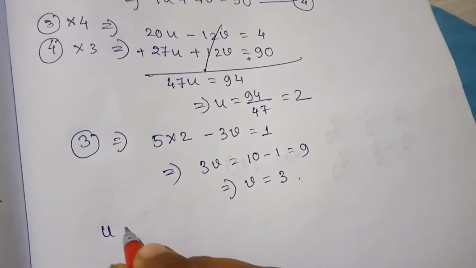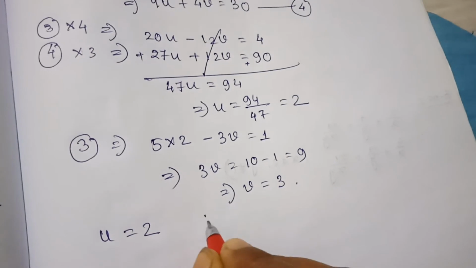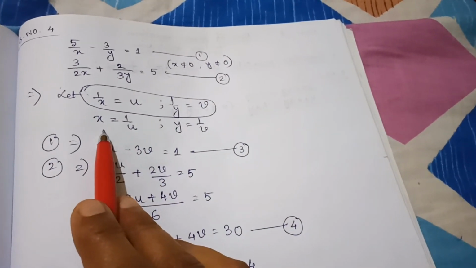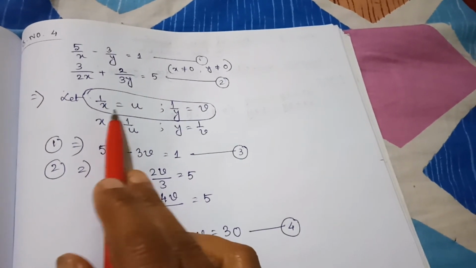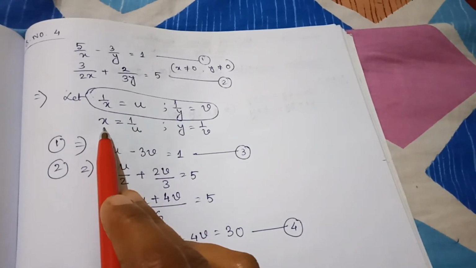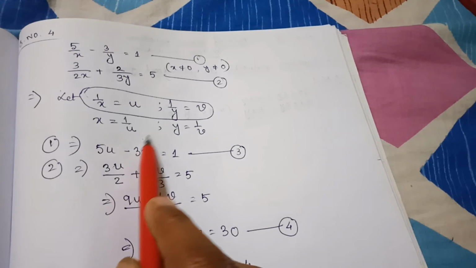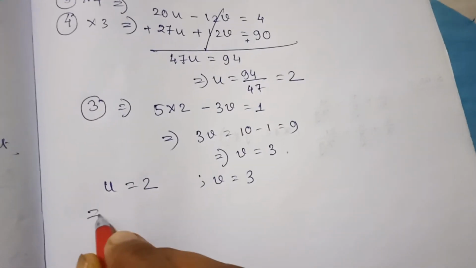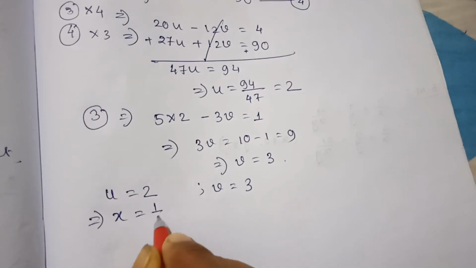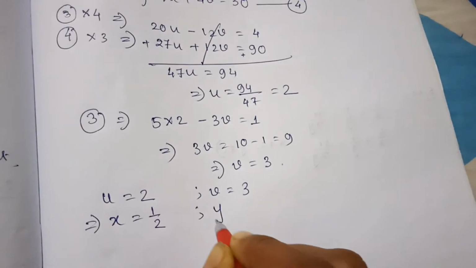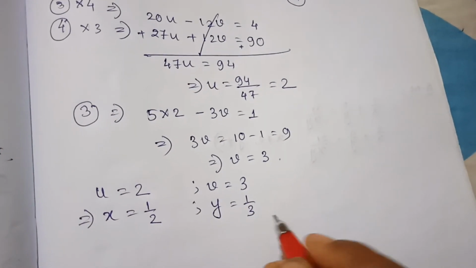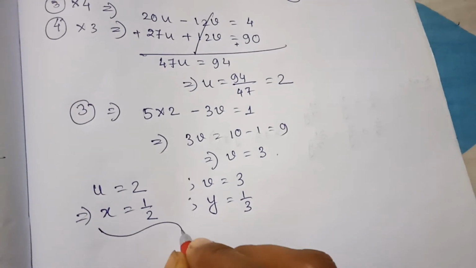Now we have got u equals to 2 and v equals to 3. Look at the second line that I have written. We have assumed that x's value will be 1 by u, y's value will be 1 by v. That means from this we can write x equals to half and y equals to 1 by 3. And these two are the answers.